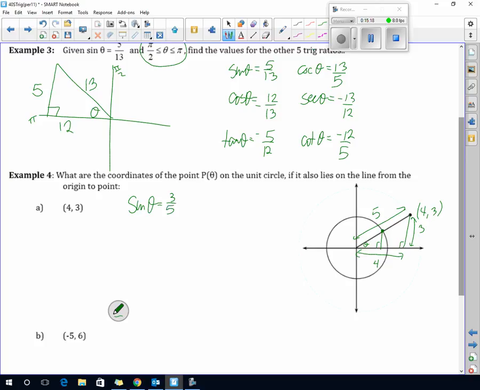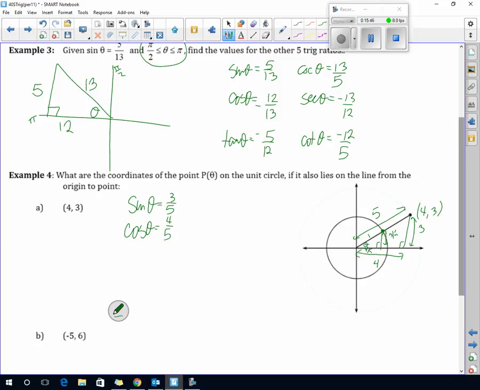Which means that this right here is 3/5 if this is 1, right? And just to go further, cos theta would be 4/5, which means this x right here is 4/5.